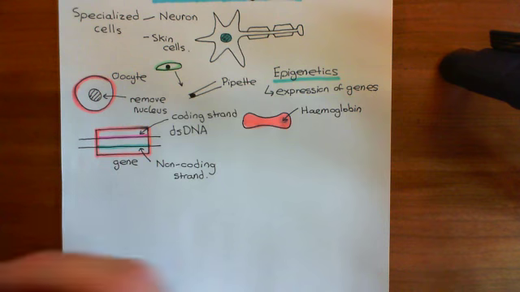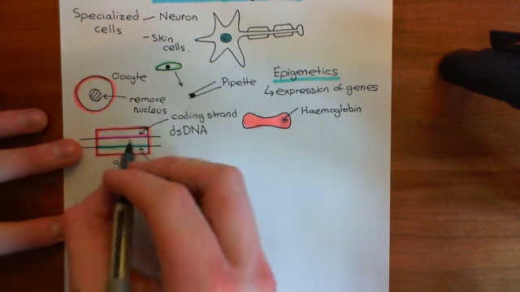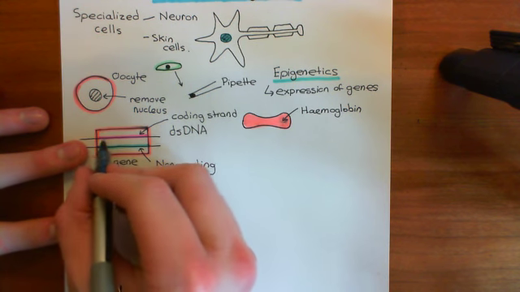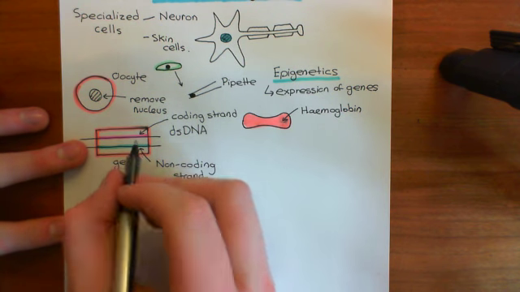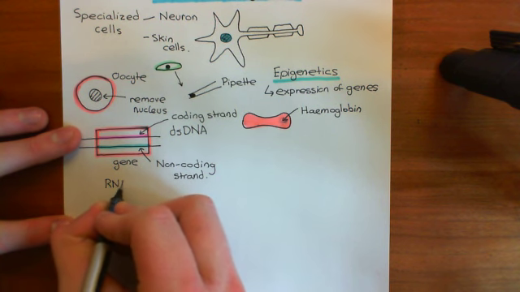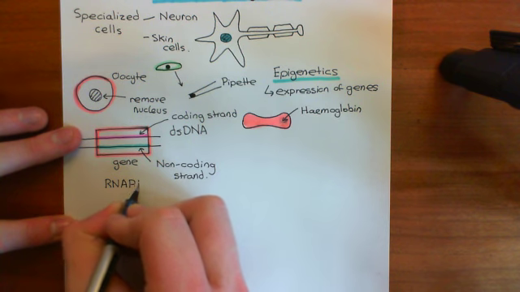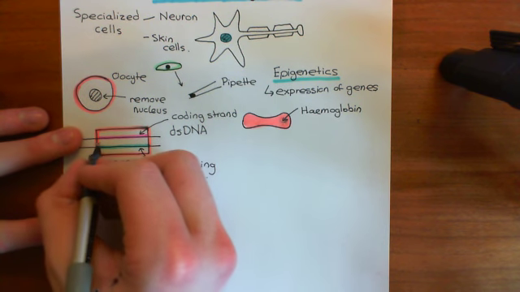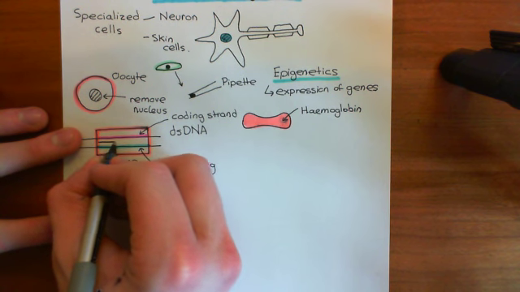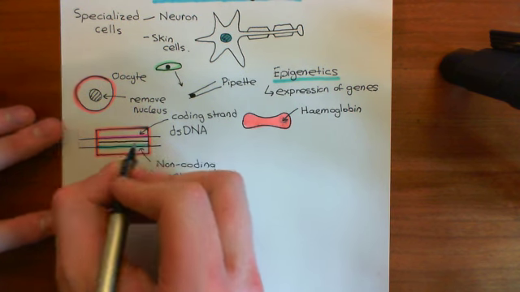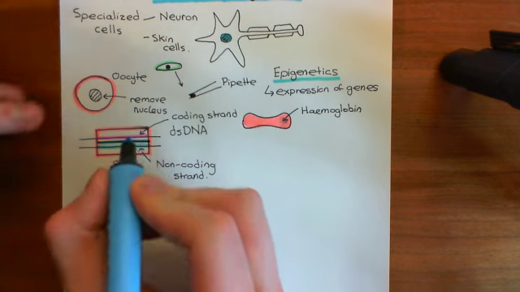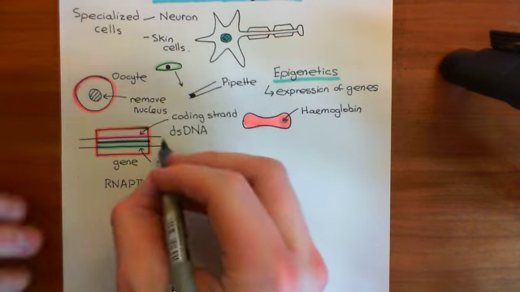So, what's going to happen is if you want to produce the protein that is associated with this gene, then the enzyme RNA polymerase II, which is often abbreviated to RNAP2 for short, needs to come and work its way along the coding strand of the DNA, okay, and synthesize a piece of mRNA. Okay, so in blue here, this is a piece of mRNA, okay?